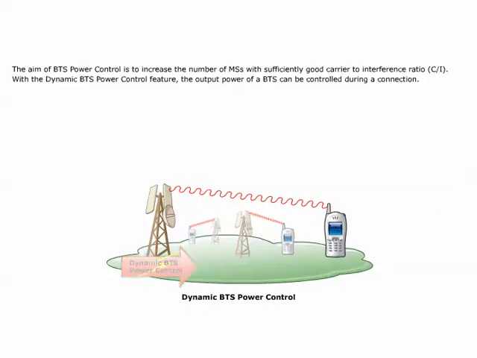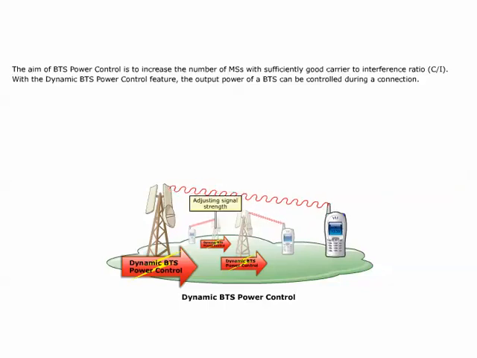BTS power control will improve C/I if traffic is maintained, or maintain C/I when traffic is increased or tighter frequency reuse is realized. The gain is obtained by a reduction of the overall interference level, I, in the network.